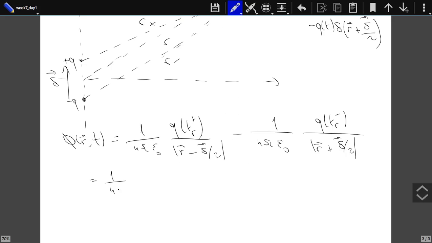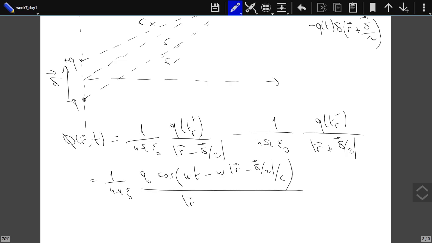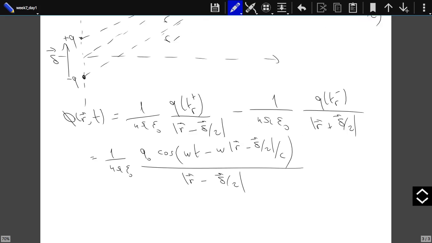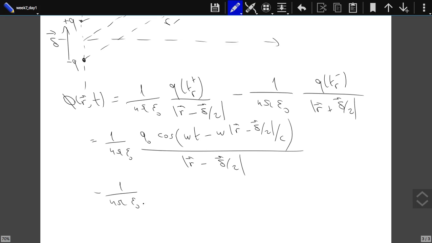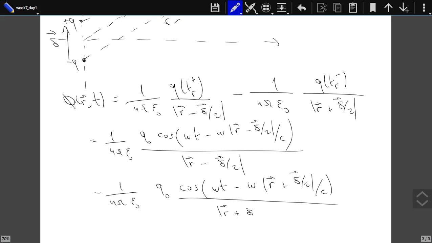This is equal to 1 over 4 pi epsilon 0 q0 times cosine of omega t minus omega times r minus delta over 2 over c, divided by r minus delta over 2, minus 1 over 4 pi epsilon 0 q0 cosine of omega t minus omega times r plus delta over 2 over c, divided by r plus delta over 2. Up to now, everything is exact. There is no approximation whatsoever.